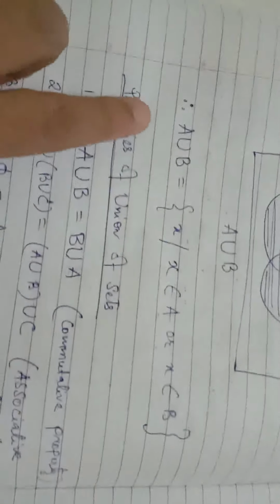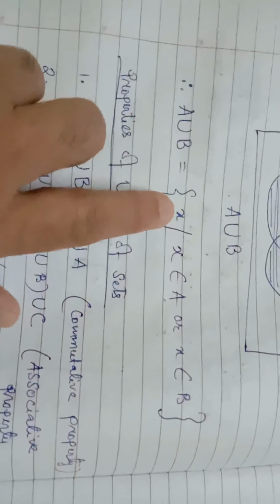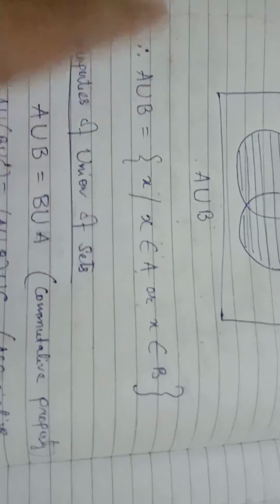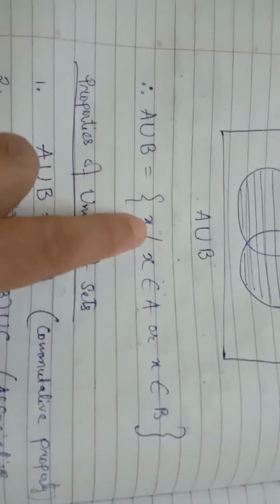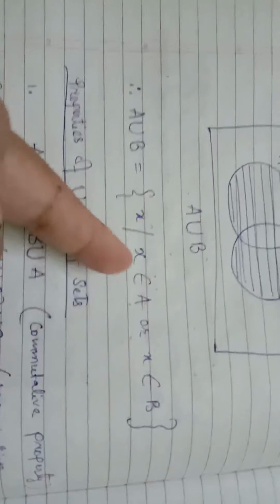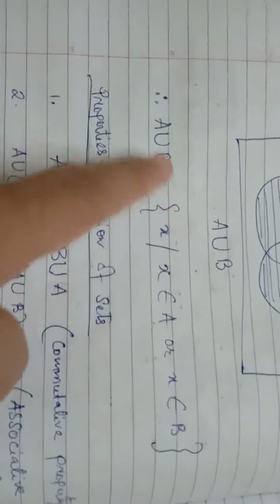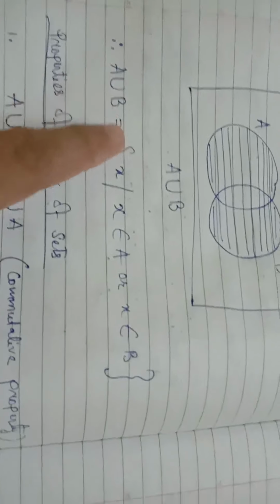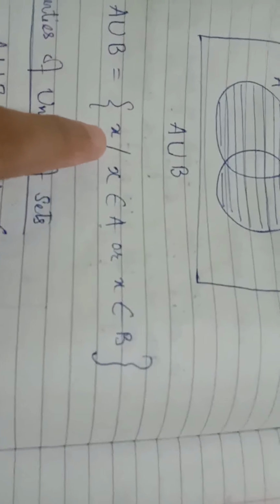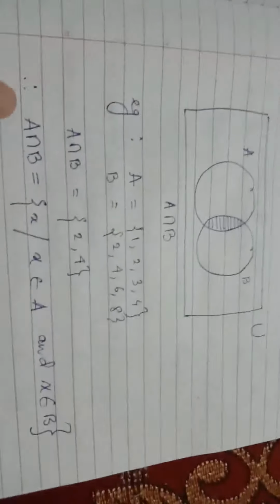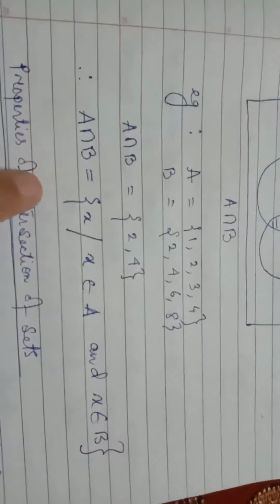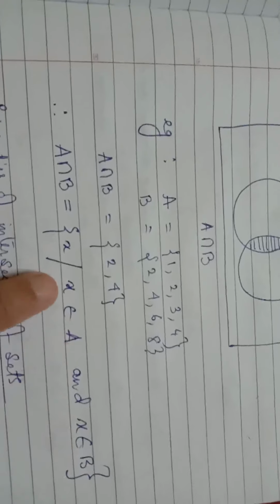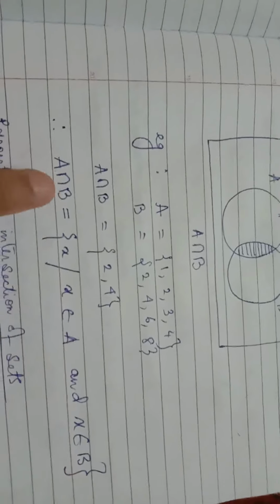And the union A union B equals all such elements X where X is either in A or in B. X may be in A or in B. If X belongs to A, then X will be an element of A union B. If X is an element of B, then also it will be an element of A union B. The X may not be common to A and B, but X will be an element of A union B. So A union B means all such elements X which are either in A or in B, and A intersection B means all such elements X which are common to both A and B. X belongs to A and X belongs to B. For union, it will be OR.